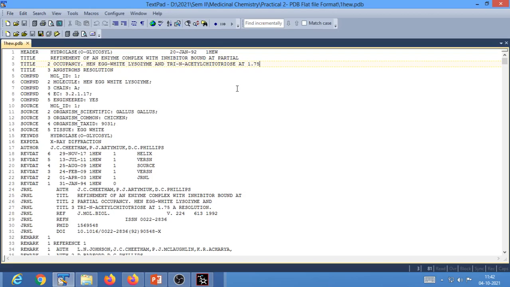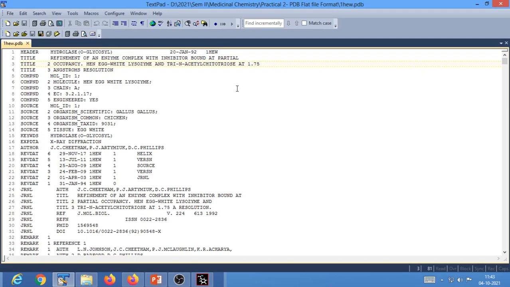Now let us try to understand how structural data is arranged in this PDB file. For the sake of study, you can say that any PDB file is divided into two major sections.